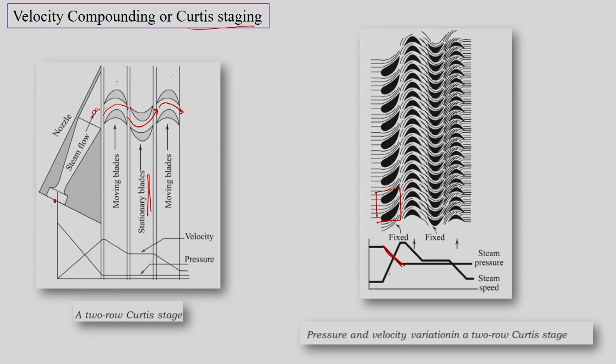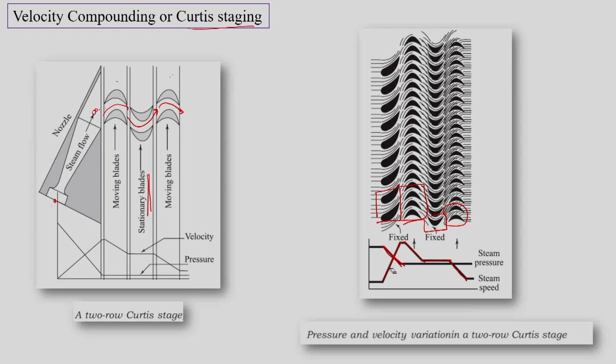Then in the moving blades, we will first have a velocity rise, and this velocity will be decreased in one set of moving blades. Then in the fixed blades or guide vane there is no change in velocity, and in the next set of moving blades we have the rest of the change in kinetic energy. So, we will have a change in speed.